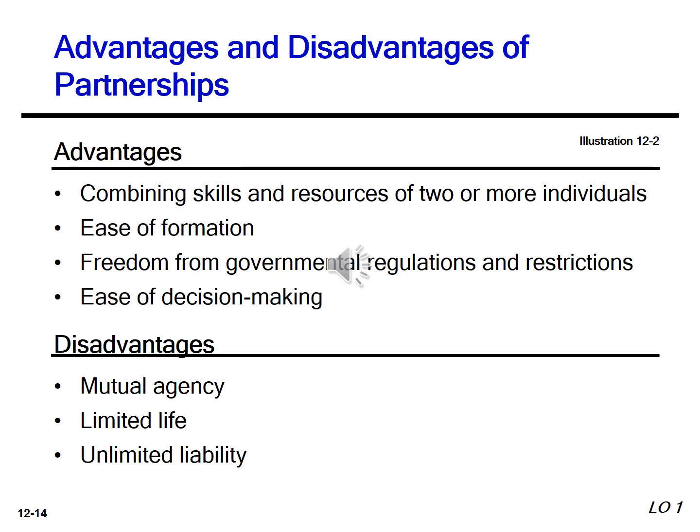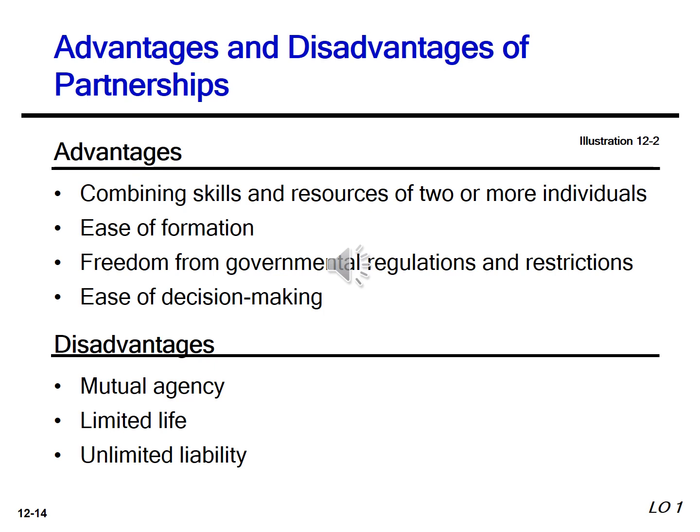Now let's take a general look at some of the advantages and disadvantages of partnerships compared to sole proprietorships and corporations. Advantages include the partnership allowing the combining of skills and resources of two or more individuals. They are relatively easier to form compared to corporations, and it provides a certain degree of freedom from governmental regulations and restrictions.